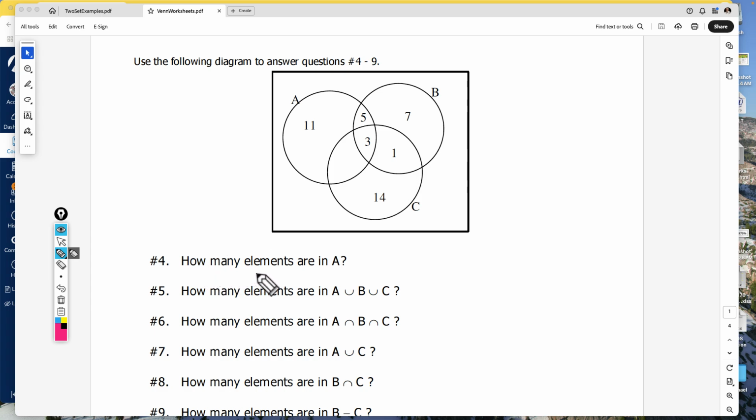So if we want to figure out how many elements are in A, how do we count that? We add them all together. So it's everything inside this circle. And notice this 5 is inside A, but it's also inside B. But all we want to know is what's inside A. So we're going to take 11 plus 5 plus 3.